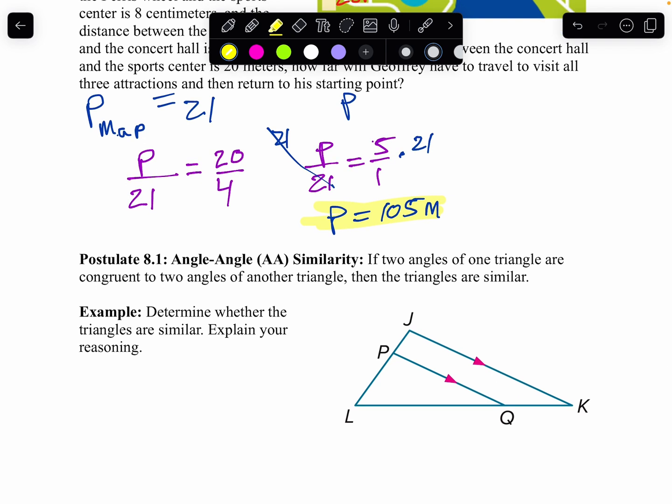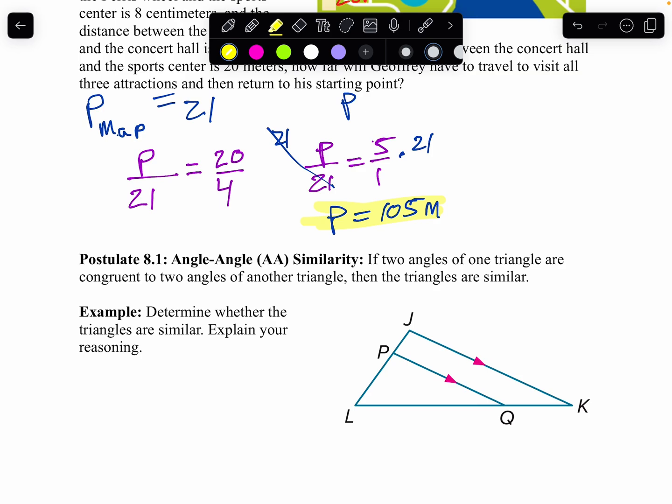Now, if you have two triangles, you don't have to show all three sides are in the same ratio. You just have to show two angles are similar.